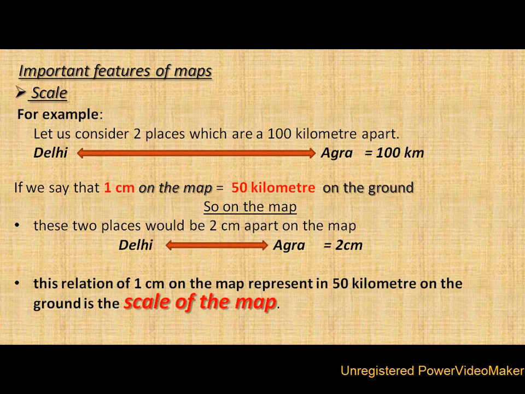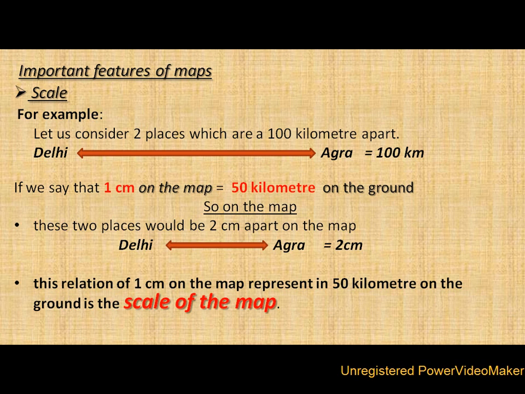So here we say that 1 centimeter on the map, or the A4 sheet, can cover 50 kilometers of the ground. So on the A4 sheet on which you are going to draw the two places, they would be 2 centimeter apart on the paper.